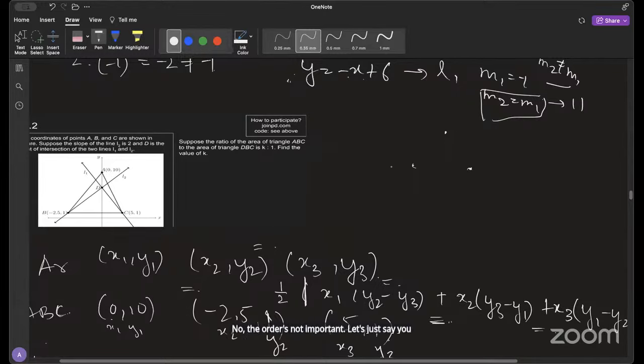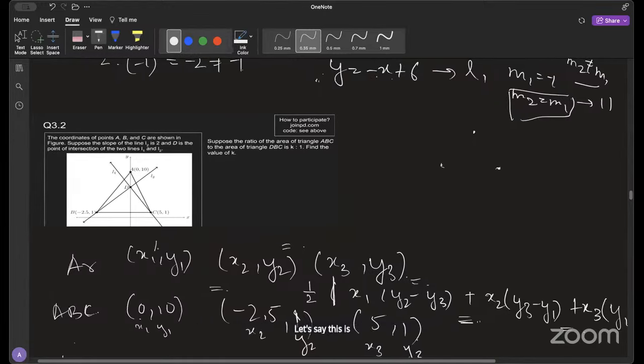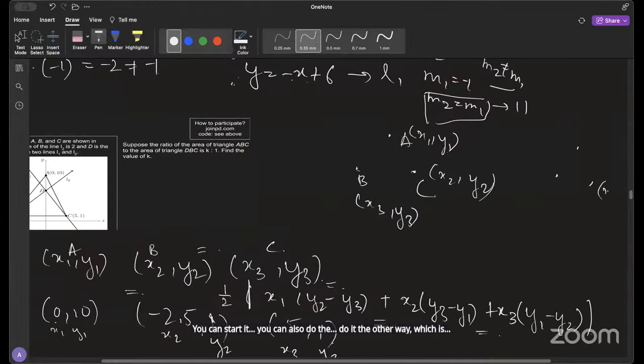Let's say you have these 3 points, and you're naming this point A, B, C. You can choose this to be x1 y1, this to be x2 y2, and this to be x3 y3. You can also do it the other way, which is you can mark this as x1 y1, then this as x2 y2, and then this one as x3 y3. You can do this as well. So you can change it, whether clockwise or not.